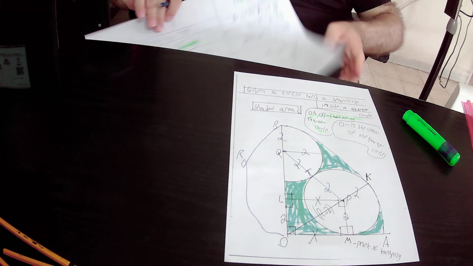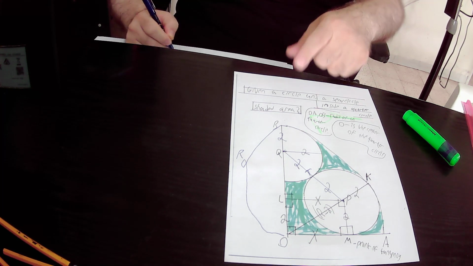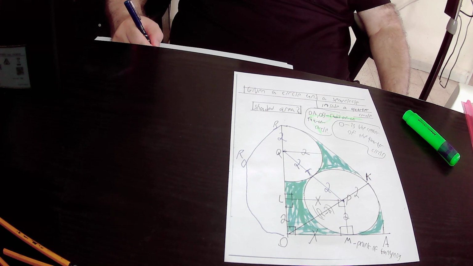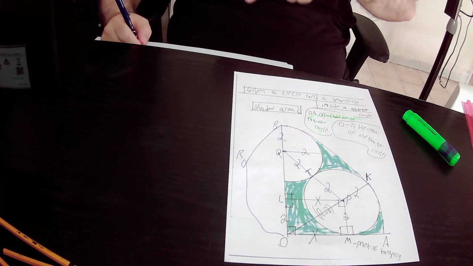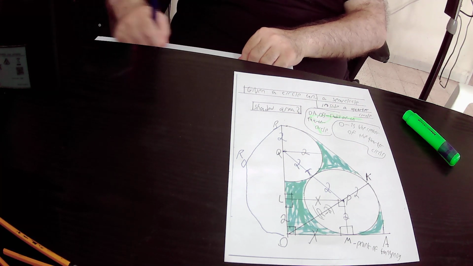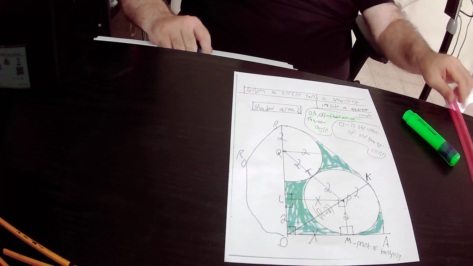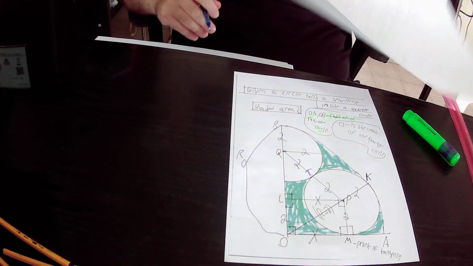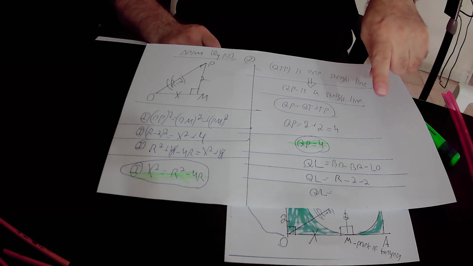So you can write down that QL equals BO, that is capital R, the radius of the quarter circle, minus BQ, that is equal to 2 units, minus LO, that is also equal to 2 units. So here, we found out that QL equals capital R minus 2 minus 2, and minus 2 minus 2 is minus 4. So in conclusion, we found out that the length of line segment QL equals capital R minus 4.